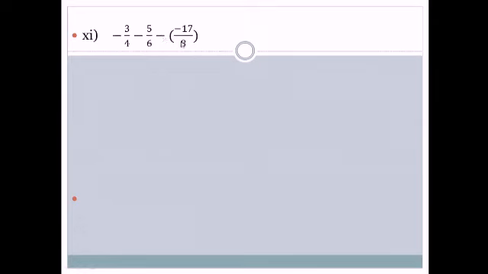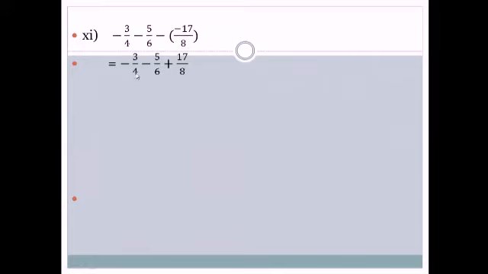So you will multiply inside. Again both signs are same. When same signs multiply we get plus, when different signs multiply we get minus. So the first two you copy as it is, and minus minus becomes plus 17 over 8.